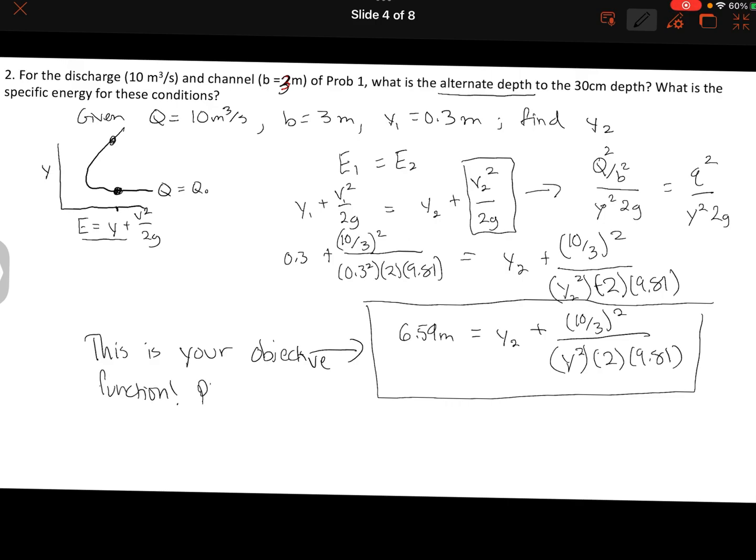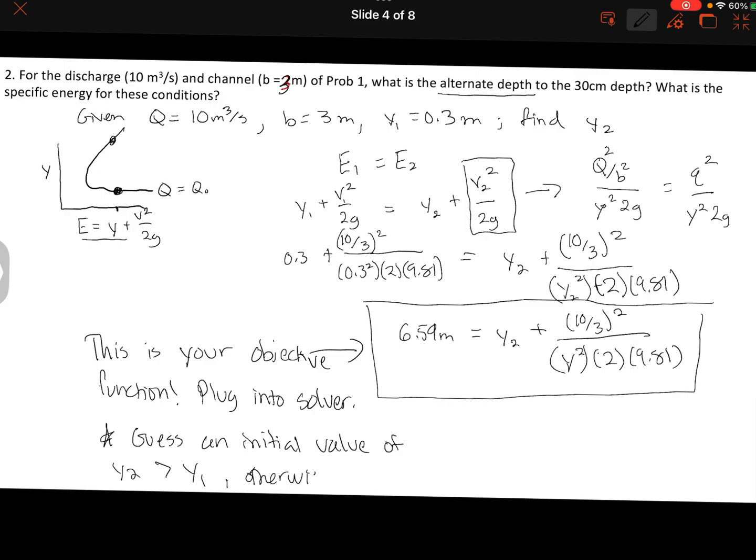And you can plug this into a solver to get a second value of y2. But, I'm going to put a little asterisk here, you're going to have to guess an initial value of y2 that is greater than our supercritical flow depth that was calculated during y1.